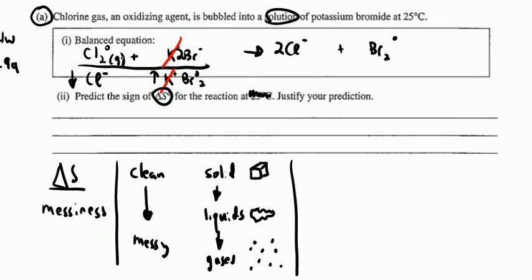So let's go and try and fill in what we know. They told us that chlorine's a gas, okay? And we know that this is aqueous because it's dissolved in water. So we have gas plus something that's aqueous. We see the ion sign. And bromine is actually a liquid when it's an atom.